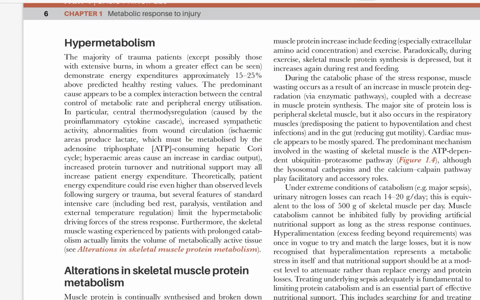Hyperemic areas cause an increase in cardiac output, an increased protein turnover, and nutritional support may all increase the patient's energy expenditure. Theoretically, a patient's energy expenditure could rise even higher than the observed level following surgery or trauma.